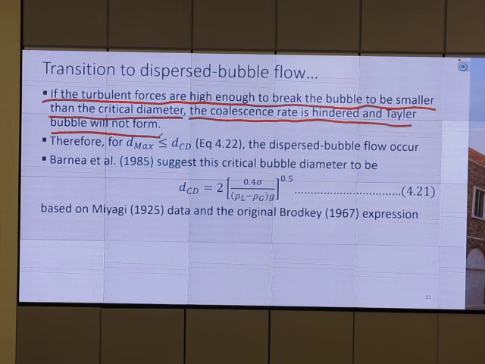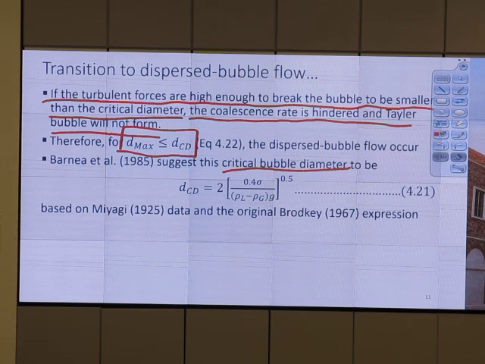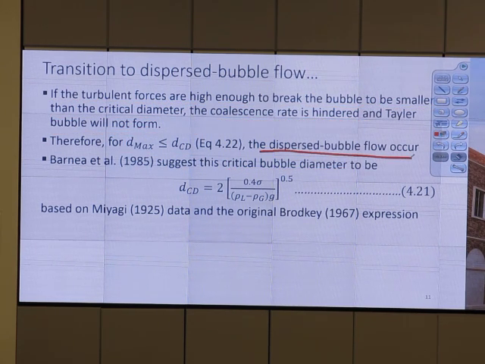Therefore, if D max is less than D critical, the critical bubble diameter, then we have dispersed bubble flow.